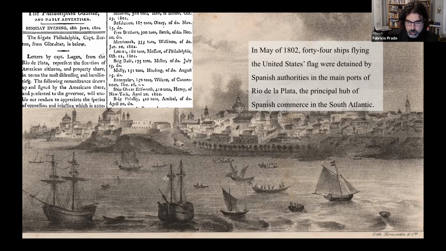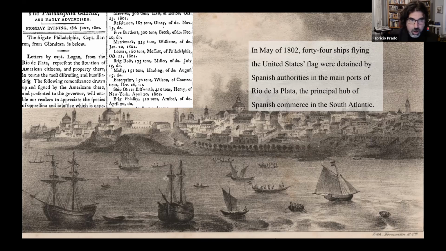This episode reverberated throughout the Atlantic, from Rio de Janeiro to London, Hamburg, Philadelphia, and Providence, Rhode Island. United States merchants estimated that local authorities confiscated more than $3 million in cargo.